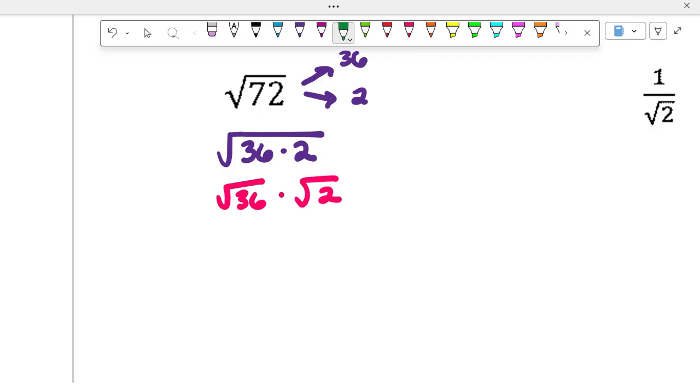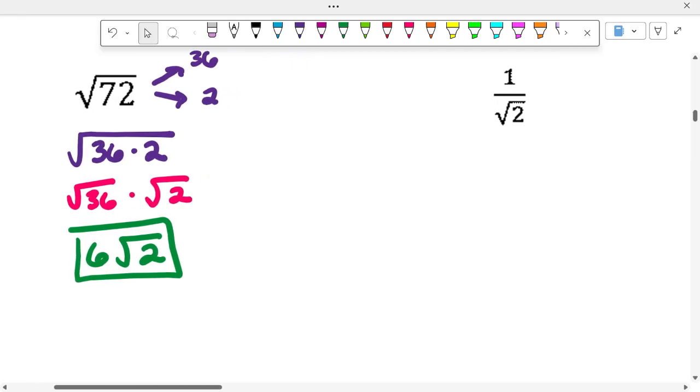So what is the square root of 36? 6. Square root 2. Now, the reason we don't have to put plus or minus in front of this one is because we're not solving, we're simply simplifying. It's usually when you're solving that you have to put the plus or minus in front of it. So that would be our answer. Now, that's simplifying.